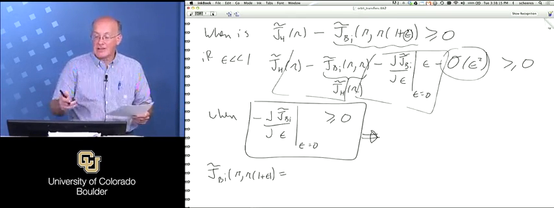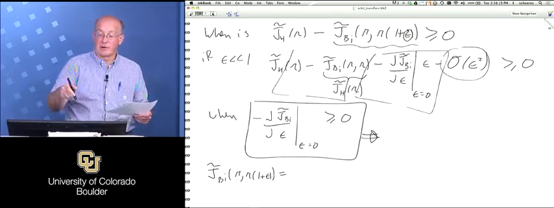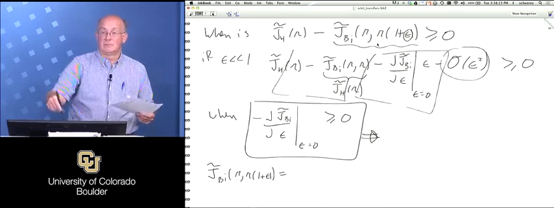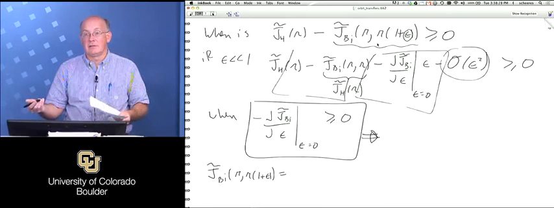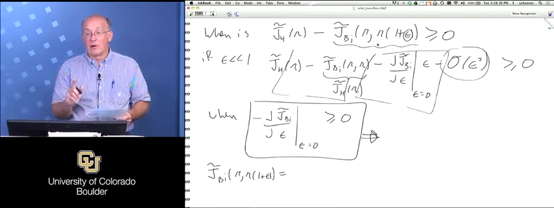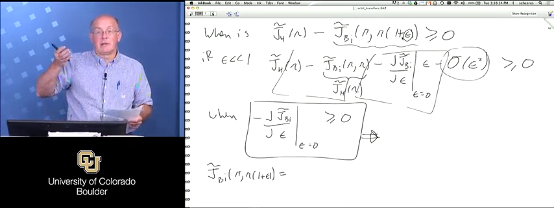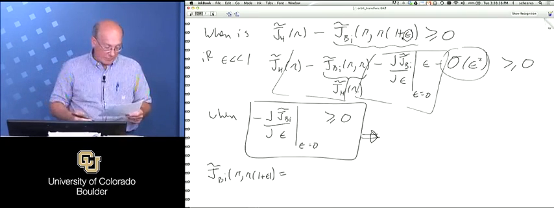Although to actually carry this out, you could use a chain rule: take the partial of J with respect to this, which would be like L, then take the partial of L with respect to epsilon. So you could do that, although you don't have to. Functionally, once I just write it like this, that will really expose epsilon, and I could just directly take the partials of that. Everything else will work out okay.